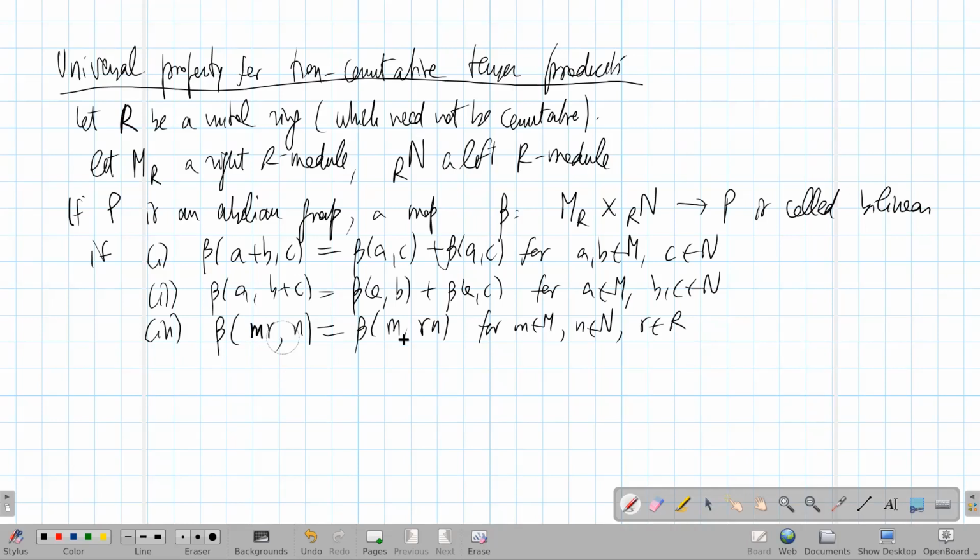And remember, it's vital here to have a right and a left module, as I explained last time.